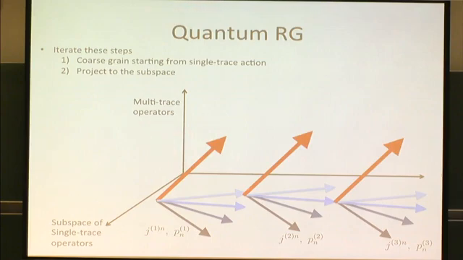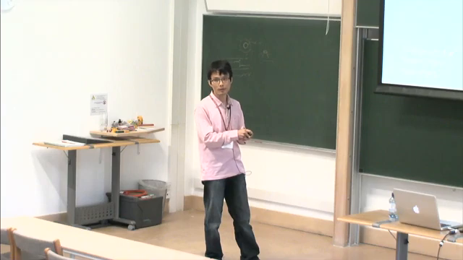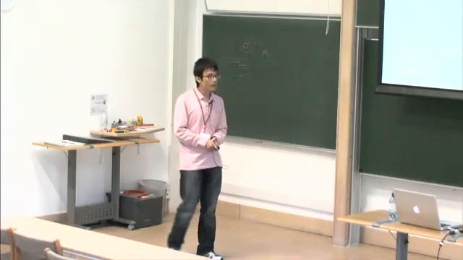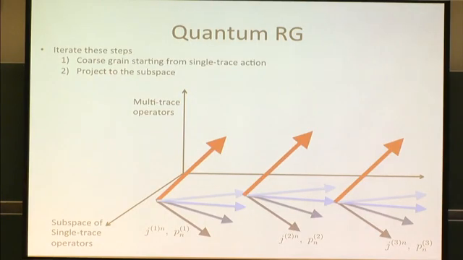Then at the end point of this theory, you coarse grain again and generate a double trace operator, and you project to the single trace theory by introducing another set of dynamical sources, and so on. At the end of the day, your partition function can be written as a functional integral over these dynamical sources and their conjugate fields introduced at each step of RG.